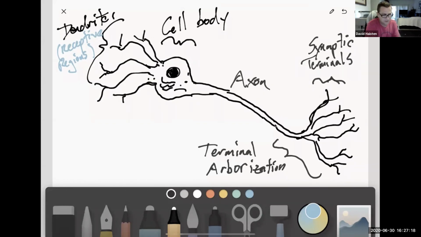Now your book's going to call the synaptic terminals at the very end terminal boutons. I'm calling it synaptic terminals. But if you really want to know, what's that terminal bouton? Sounds like something like a crouton.